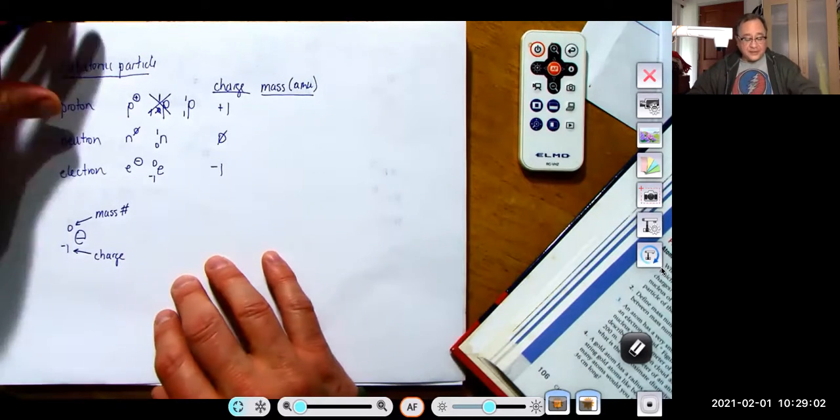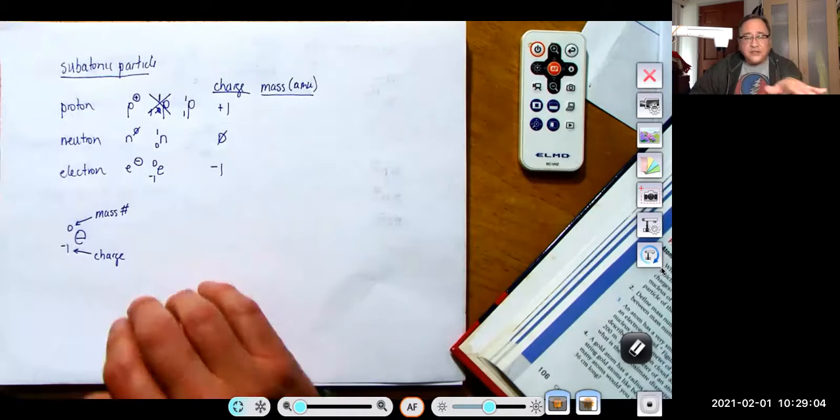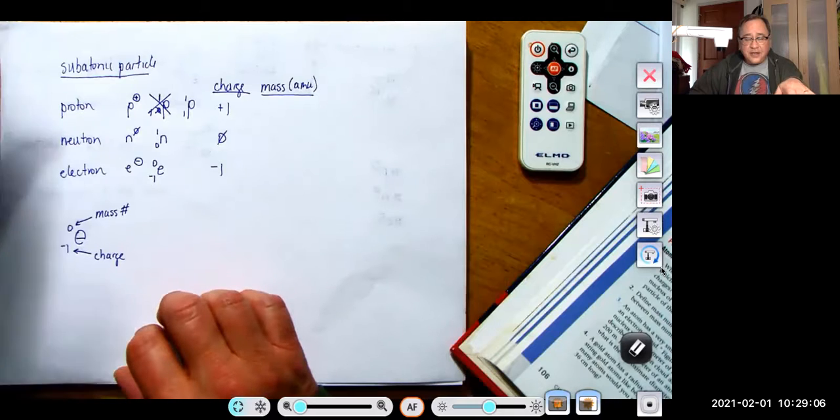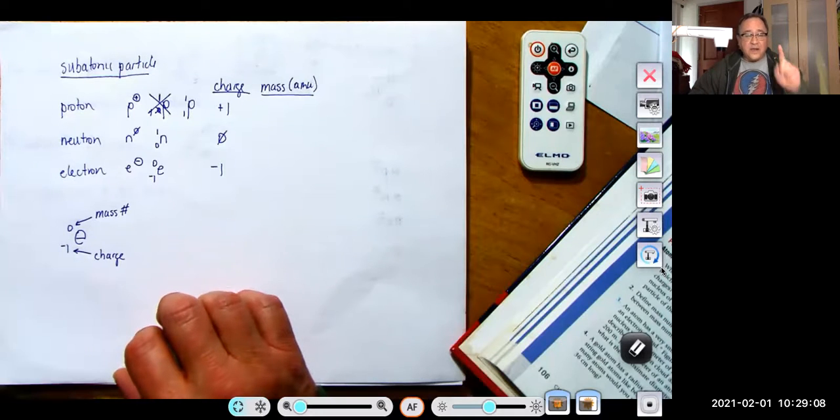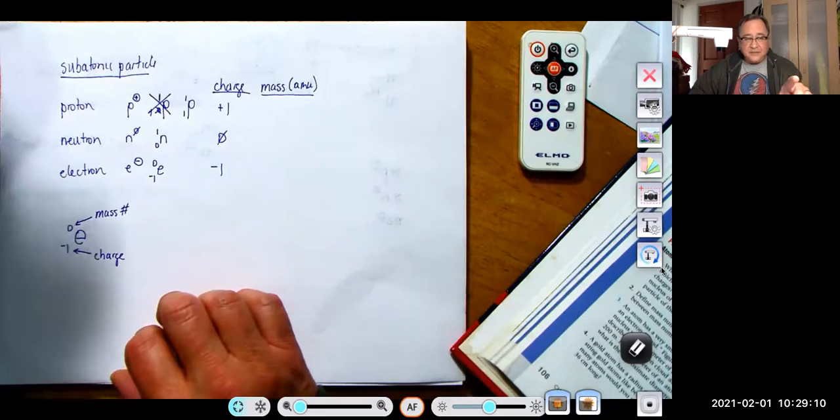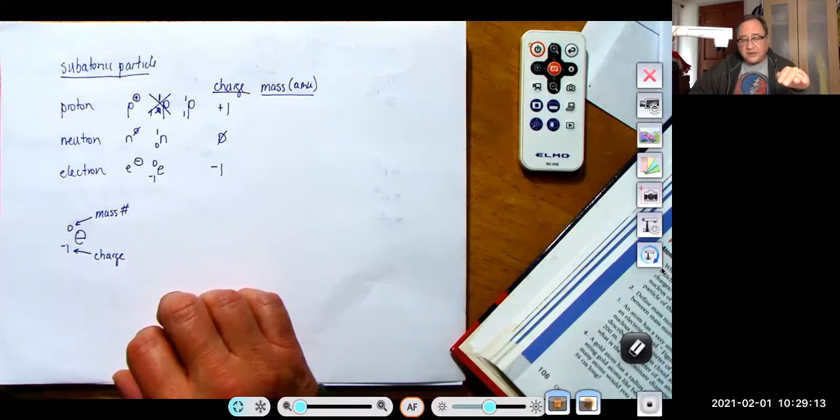So for instance, let's say that you have someone who weighs 100 pounds, and that is a relative mass, okay? So if someone weighs 100 pounds, we're going to call that a relative mass of 1. So what if a person weighs 200 pounds? What do they weigh compared to that relative mass?